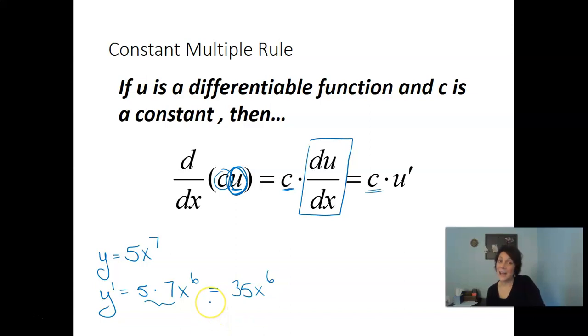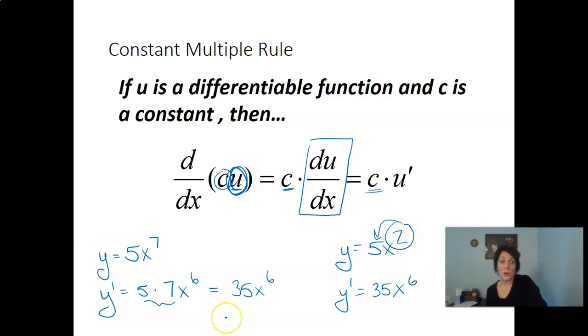Now for me, I don't really think of it as two separate rules. I just think of it as, look, whether there's a number out front or not, if I want to take the derivative of this, I am multiplying my old exponent down. If there's a coefficient there, multiply by it. So 7 times 5 is 35. X to the, I'm reducing this, 6th.